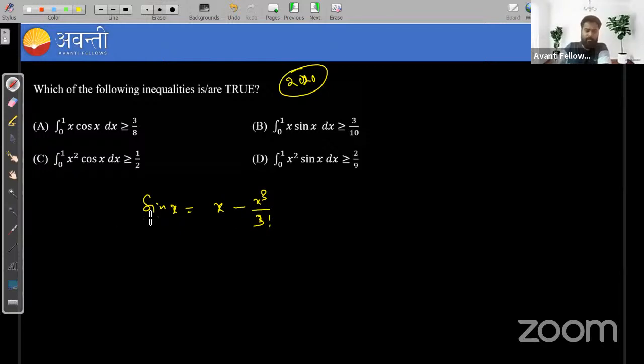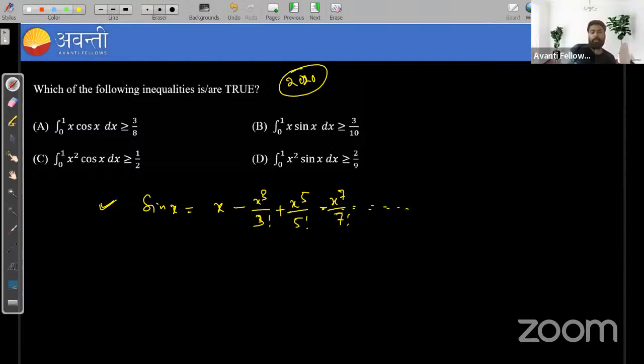So x minus x cube by 3 factorial plus x to the power 5 by 5 factorial, then x to the power 7 by 7 factorial also, and so on. This is the series expansion of sin x.